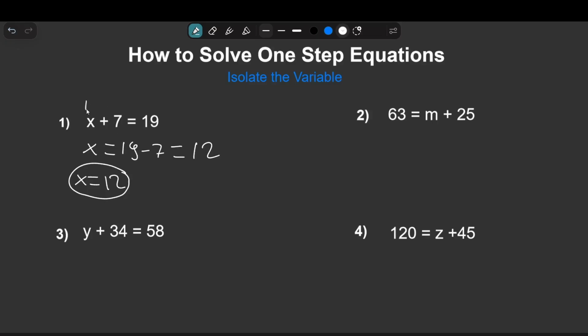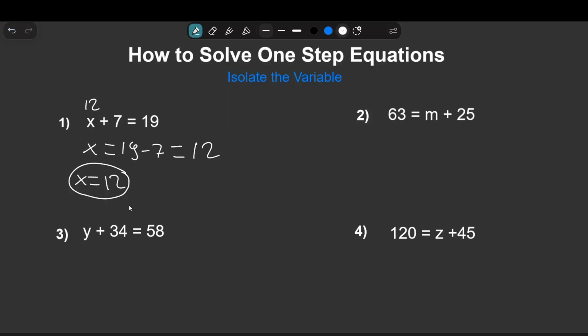So we do 12 plus 7, and if we get 19, we have the right answer. And of course, 12 plus 7 equals 19, so 12 is our final answer.